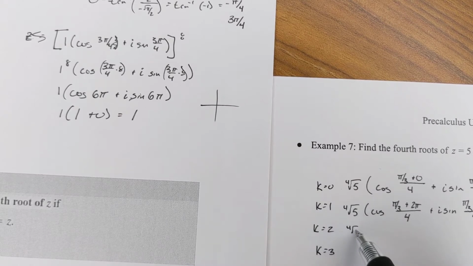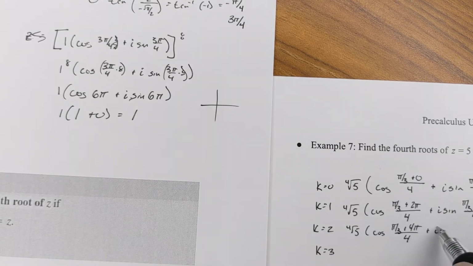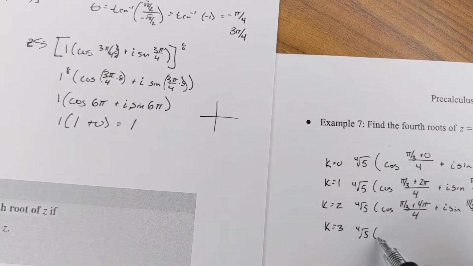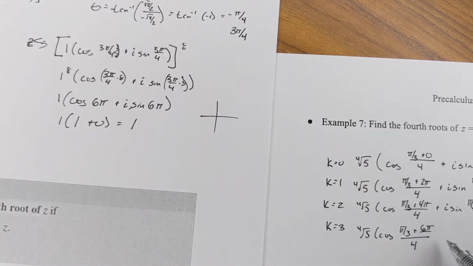For k is 2, 4th root of 5, cosine pi over 3 plus 4 pi over 4, plus I sine pi over 3 plus 4 pi over 4. Then 4th root of 5, cosine pi over 3, plus 6 pi all over 4.